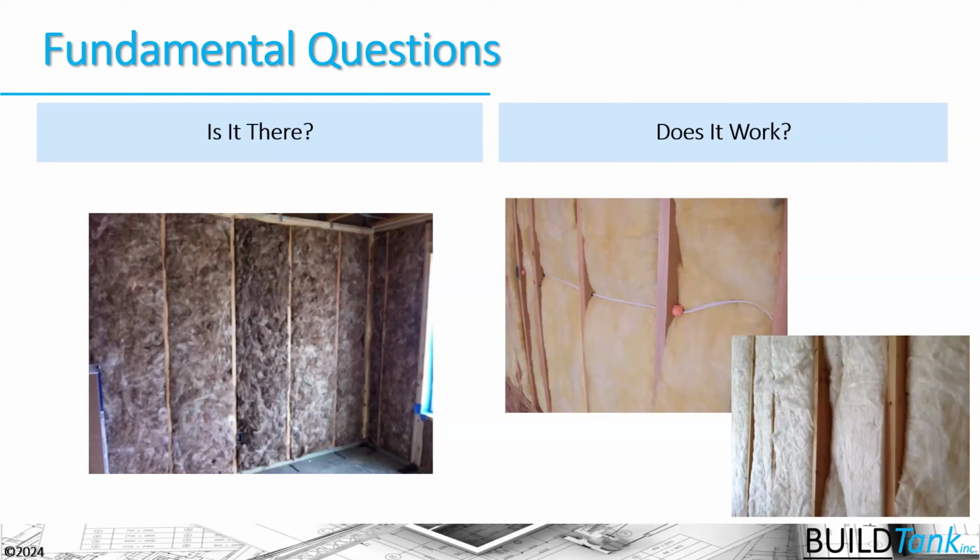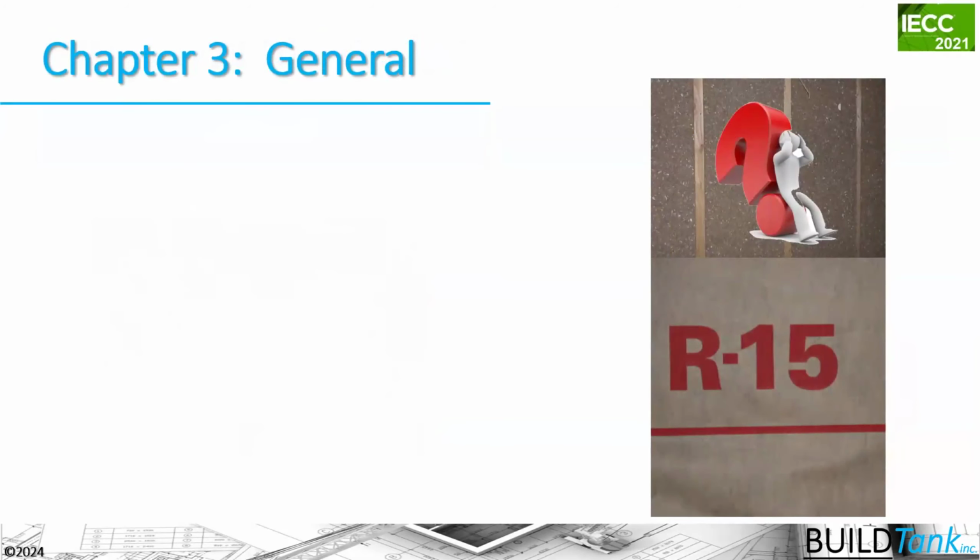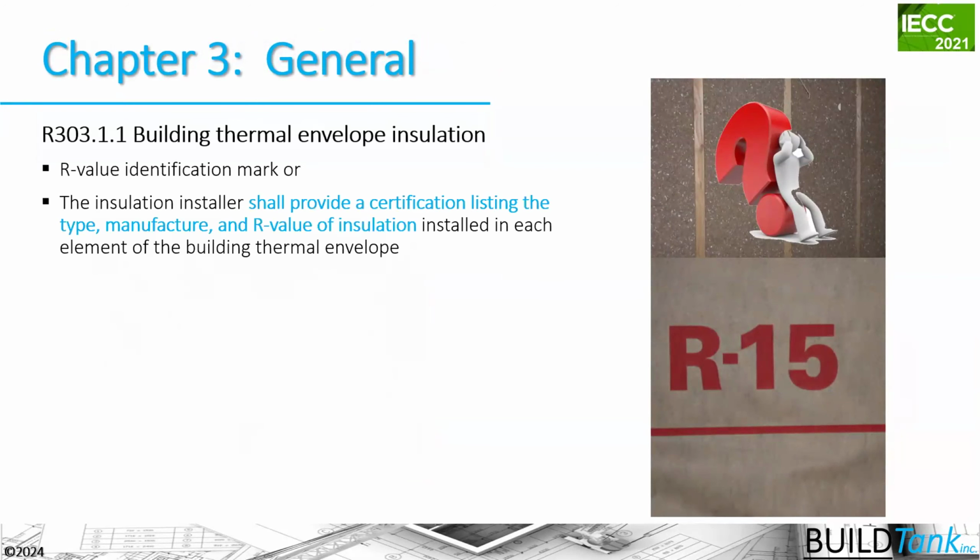Now, some of this inspection should obviously be done after installation, but it should be on the shoulders of the installer as well. And that's what this section of the code is getting at in Chapter 3. It says that for building thermal envelope insulation that doesn't have an R value mark, the installer shall provide a certificate listing the type, manufacturer, and R value of the insulation.